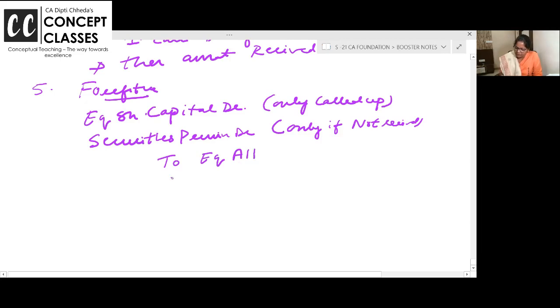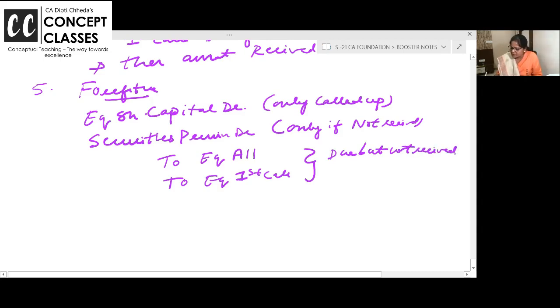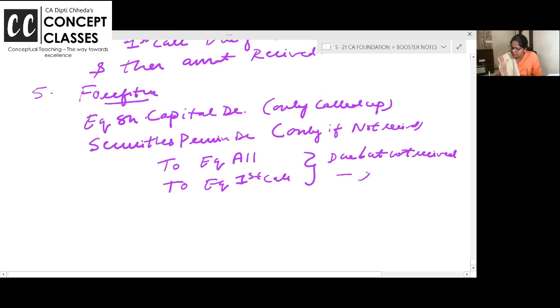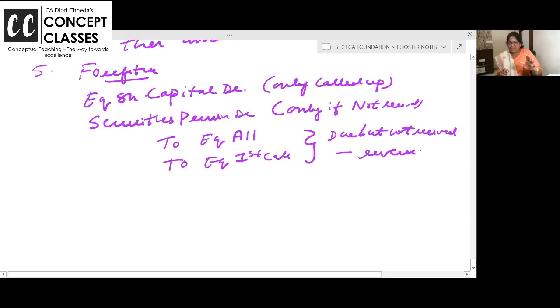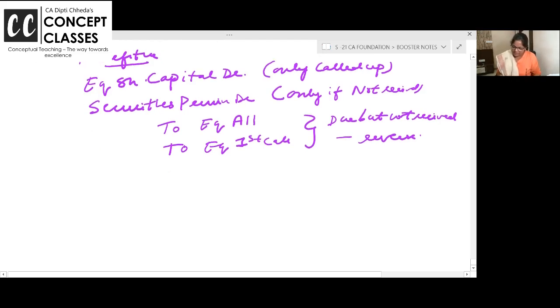Equity share allotment to equity first call. Due but not received. These are due but not received. So you reverse it. If it is due and if it is not received, then you reverse it. And last, balancing figure. Forfeited shares.